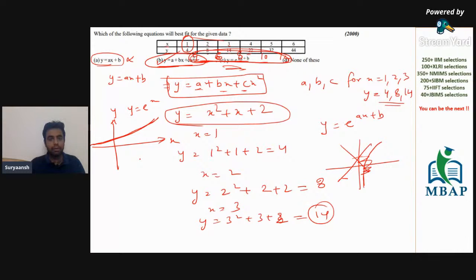Okay, so that's why I eliminated option C. Y is equal to e raised to ax plus b won't be true, because the increase is linear. The increase is not exponential, like 1, 4, 16. If the increase was like that, then it would have been an exponential function.